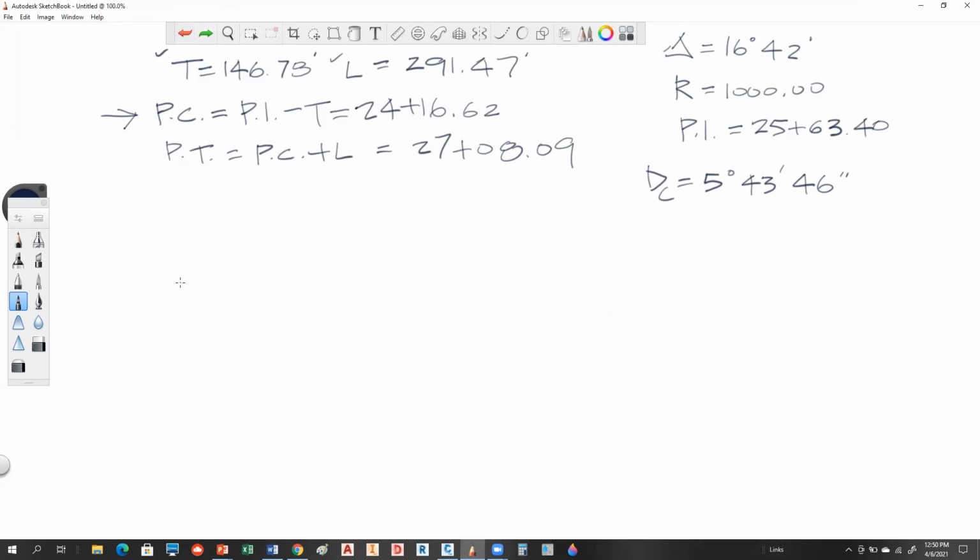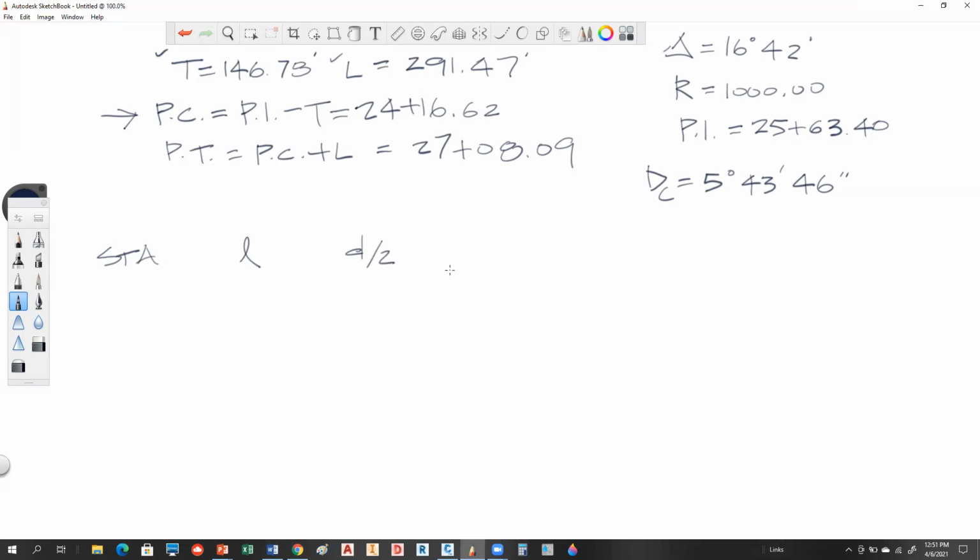So you set up a real simple chart. I don't think I did show you this last week. Hopefully if we did do this, this won't be a bad thing because it's good to know this. You have a station column, a length of arc column. Hopefully this looks familiar because these are the sheets of paper that I handed you guys out in the field.